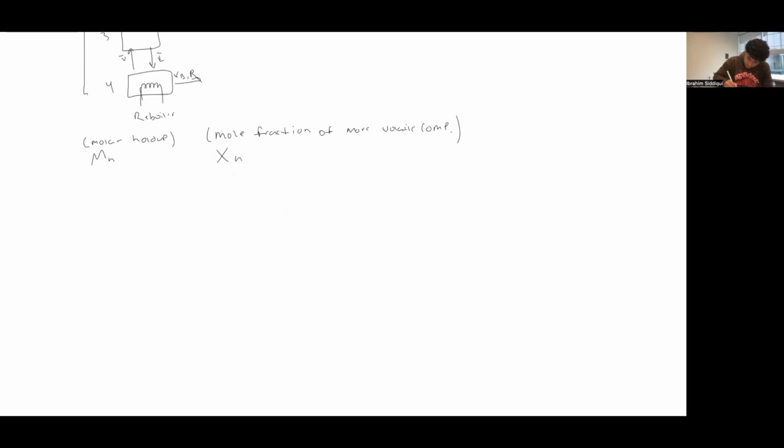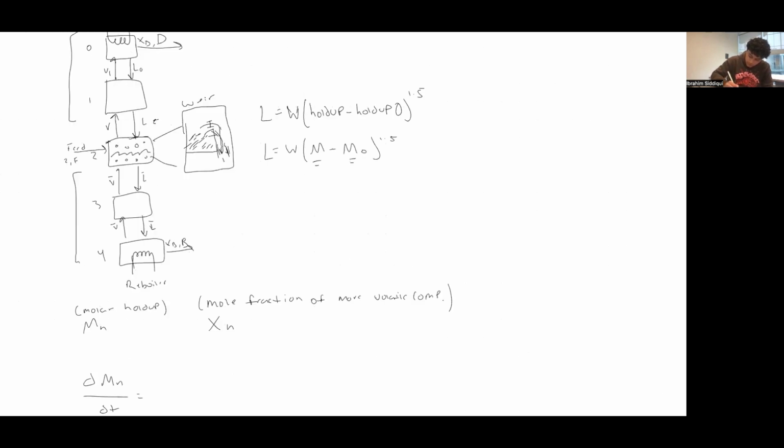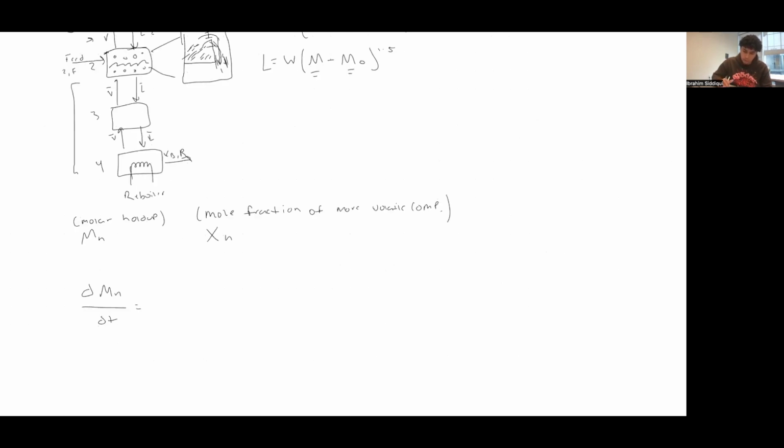So we have the change of molar holdup, dMn over dt. And we want to relate this to our stages up here. As you can see, all these stages right here of our stage N, whether we're going from our liquid side or vapor side, we know that we're looking at a stage N+1 or N-1.